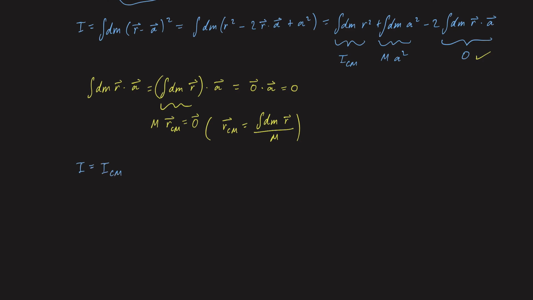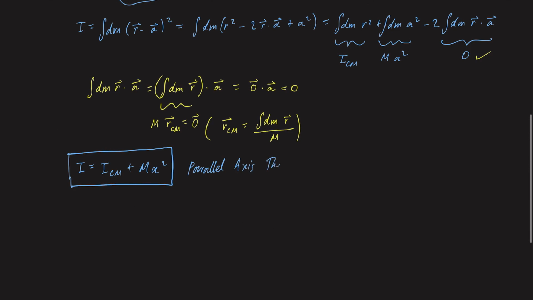So let's write it down. I is equal to I cm plus m a squared minus 0. And that's the moment of inertia of this object through an axis that is distance a away from the center of mass. We call this the parallel axis theorem.